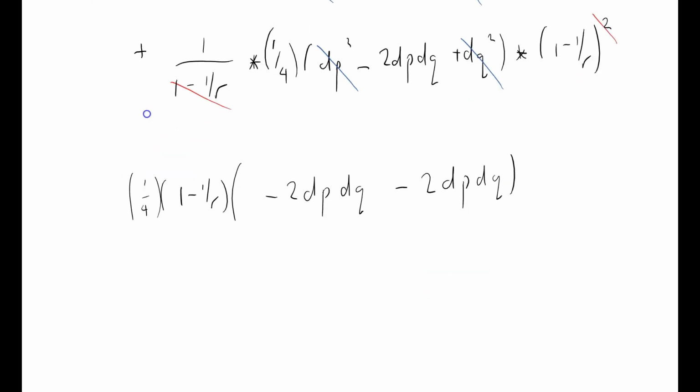That's great. So we've got 4 of them all together. So it's equal to minus (1 minus 1 over r) dp dq. That's right, because we've got 2 plus 2 equals 4, and we've got 4 on the bottom.